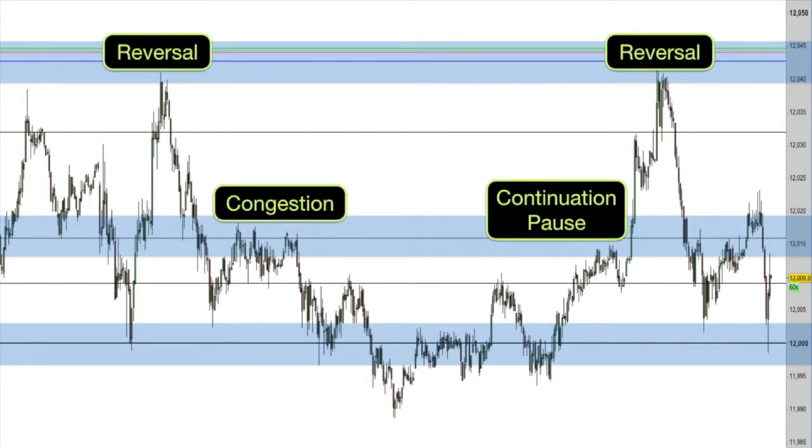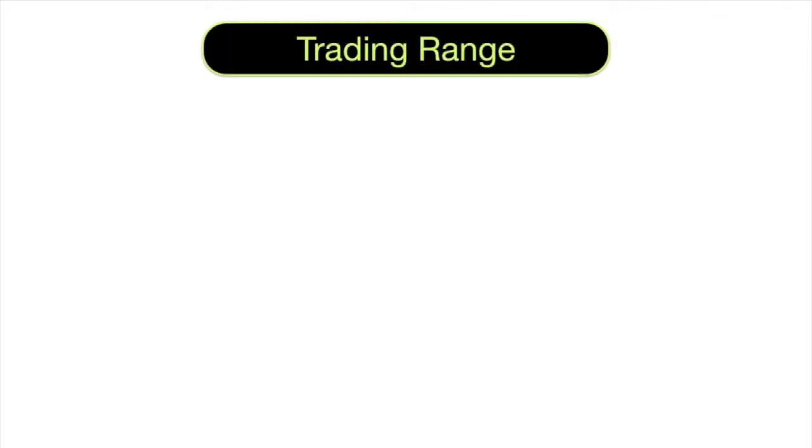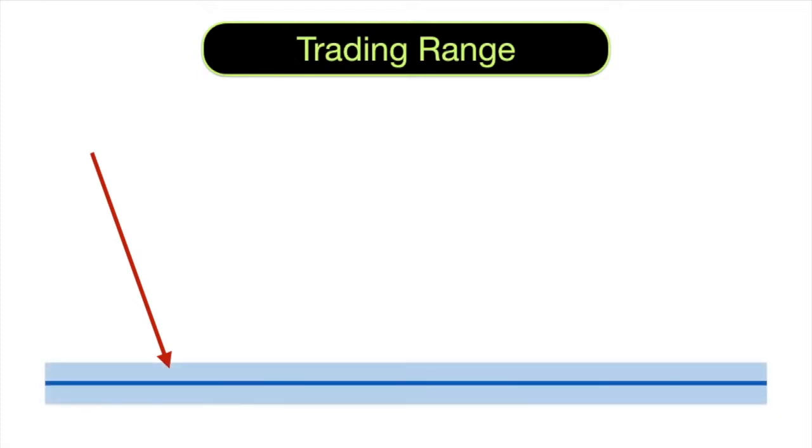Support and resistance levels create trading ranges, and a trading range is a set of prices with a resistance level above and a support level below. Prices can stay in ranges for a long time, and markets are range bound far more than they are trending.